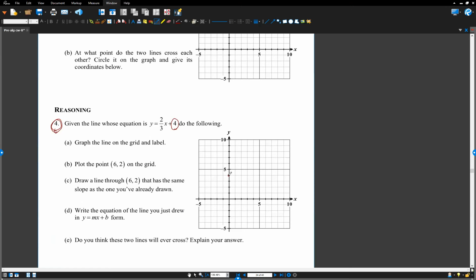Now follow the pattern: 3 right, 2 up, next point, 3 right, 2 up. To the left, 2 down, 3 left, doesn't matter, you can go any path. This is the graph.